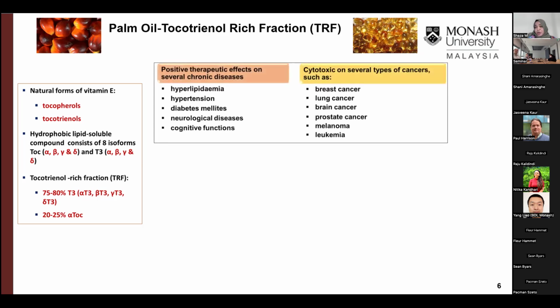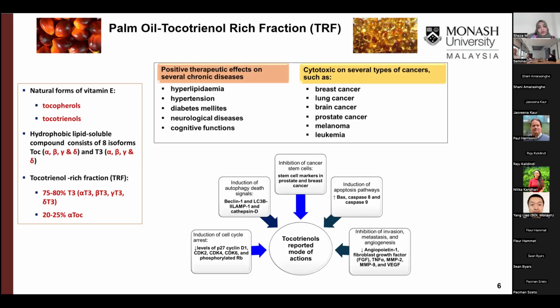It has been reported in 2D cells and in animal models that it can be helpful in non-communicable diseases like hyperlipidemia, hypertension, and diabetes, and is cytotoxic to certain cancers, such as breast, lung, brain, and prostate cancer.